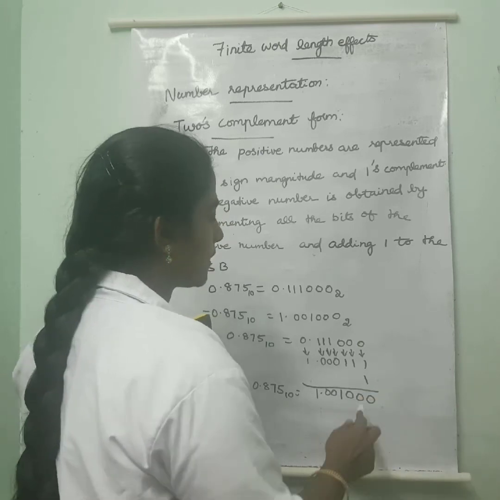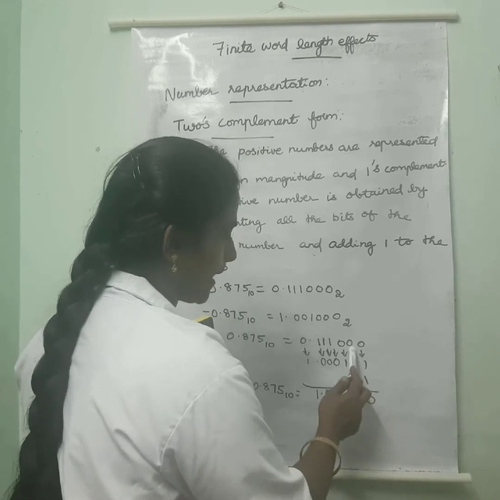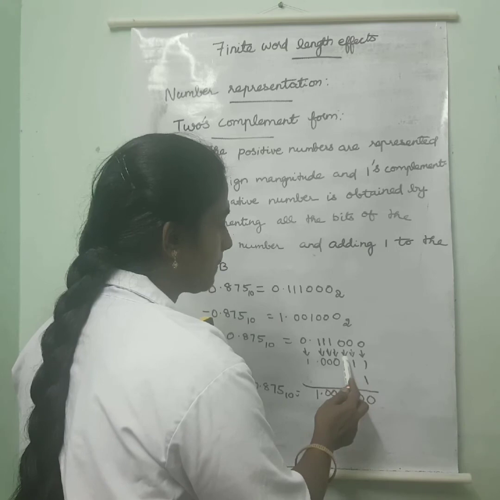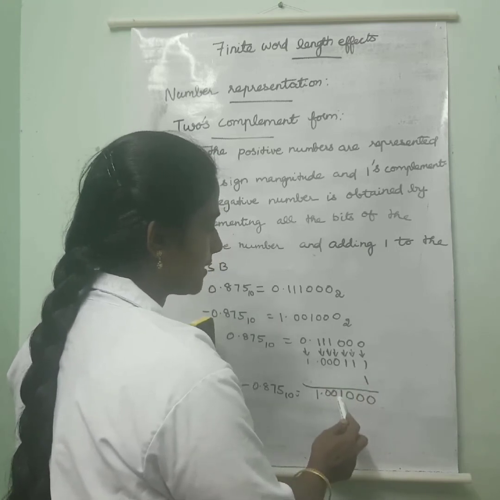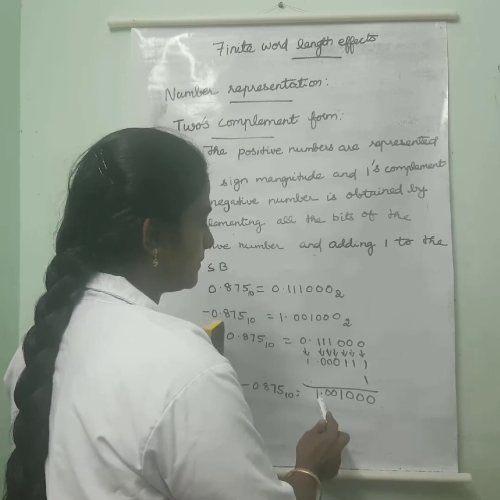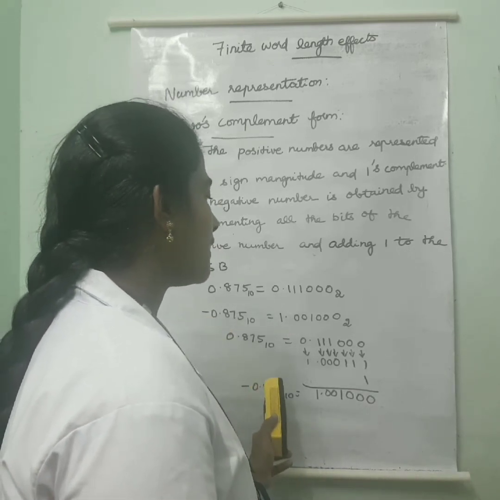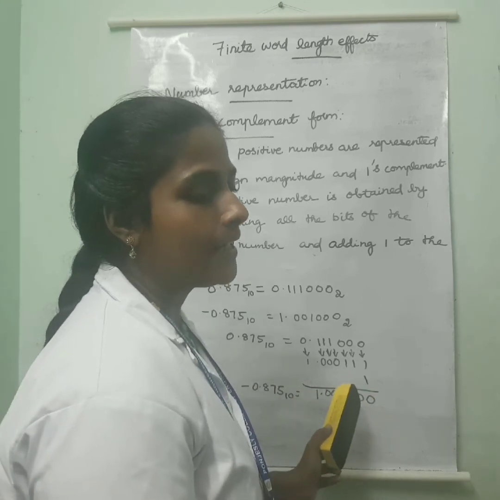So 1 plus 1 is 0, and 1 becomes carry. Again 1 plus 1 is 0, and again 1 becomes carry. So the 2's complement form for the negative number can be obtained like this.